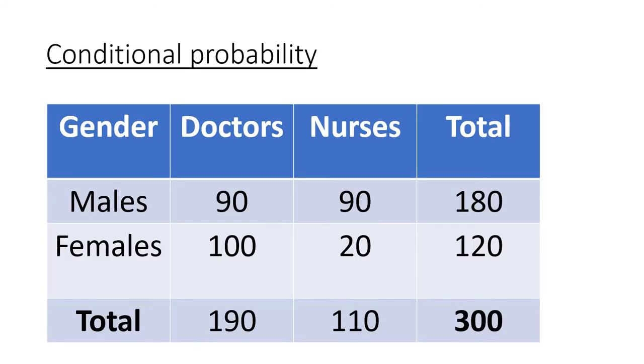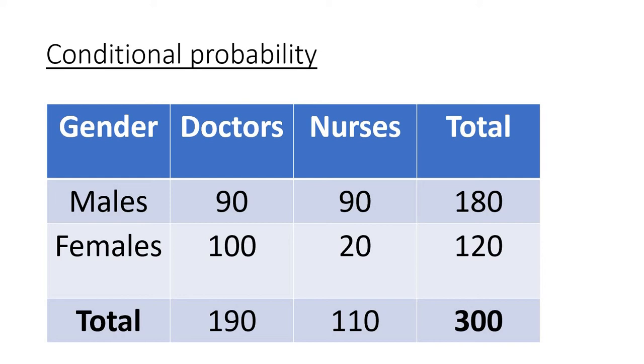So we have doctors and nurses in the hospital, and they are males and females. We know that there are 90 male doctors and 90 male nurses, which gives us 180 males in total, 100 female doctors and 20 female nurses, which gives you 120 females in total.